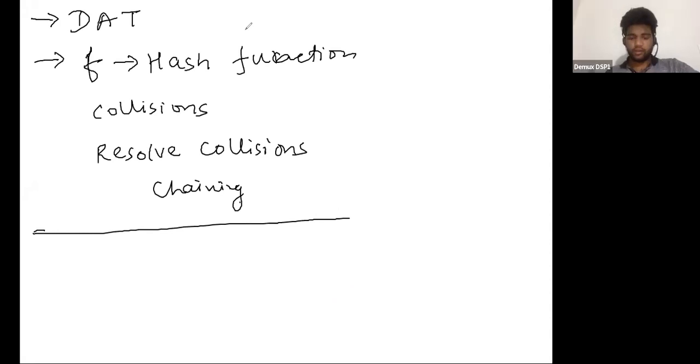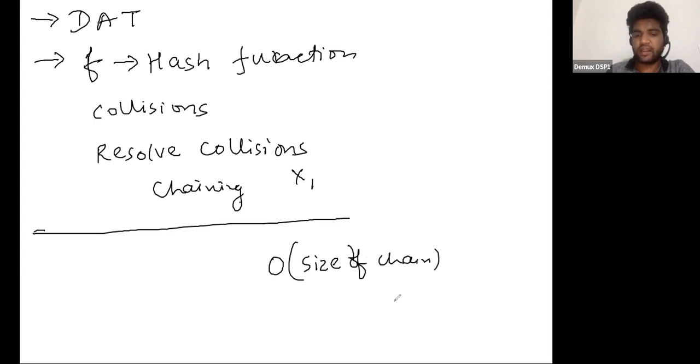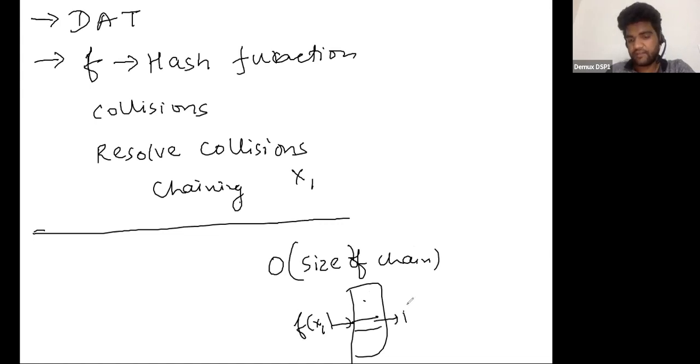Yes, so that will not be constant now with chaining. If you are searching for x1, it will not be constant time. It will be basically order of the size of that chain. You will have to still traverse through that chain. So from x1, you get f of x1 where you enter. Now here you have a chain, right?